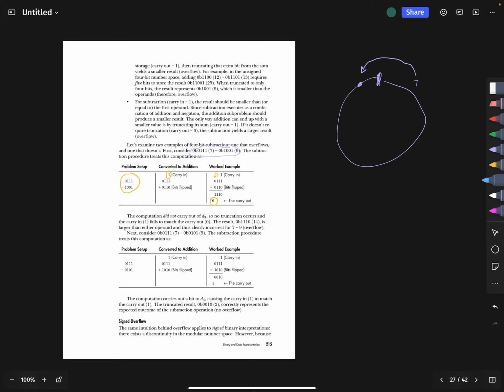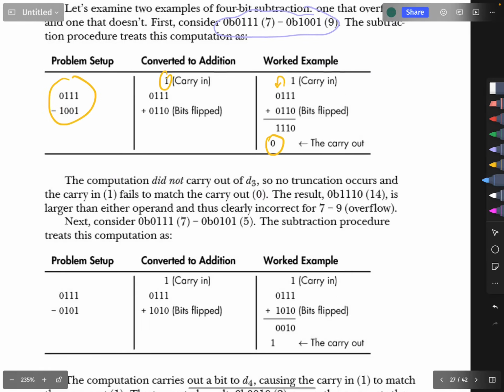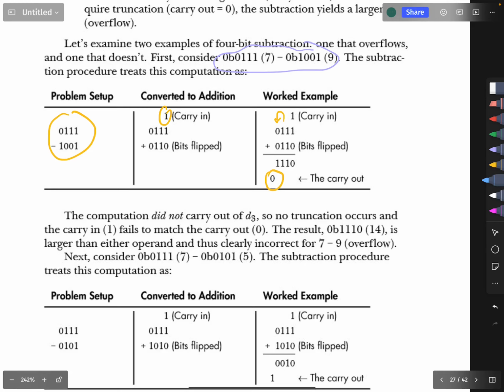So rather than talking about the carry in and the carry out of some particular bit, it's talking here about the carry in and the carry out of the entire operation. In a sense, by setting the carry in of the least significant digit to 1, which is what we do when we're performing subtraction, you would maybe regard that as a carry in to the entire operation.